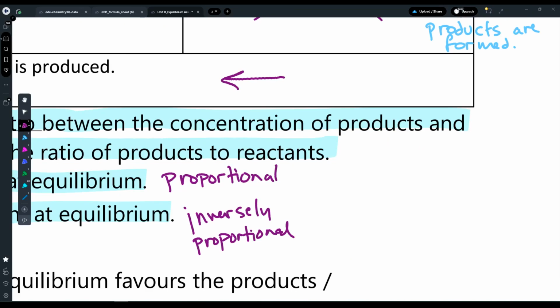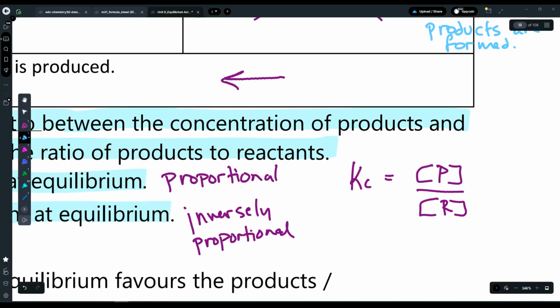So what that means, if I write out a quick equilibrium law expression, I have the concentration of products divided by the concentration of reactants. Proportional means that if the concentration of your products goes up, your equilibrium constant will increase in value.